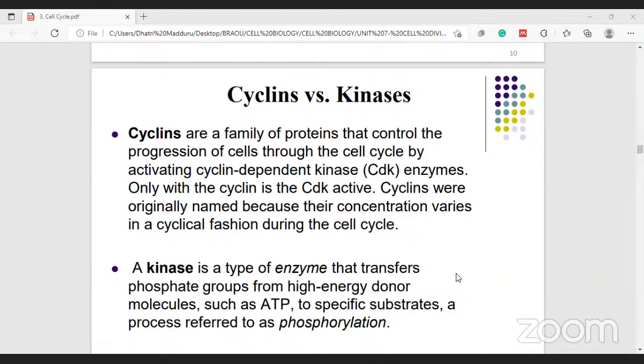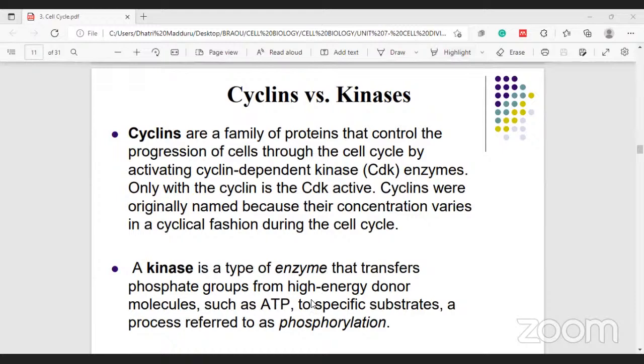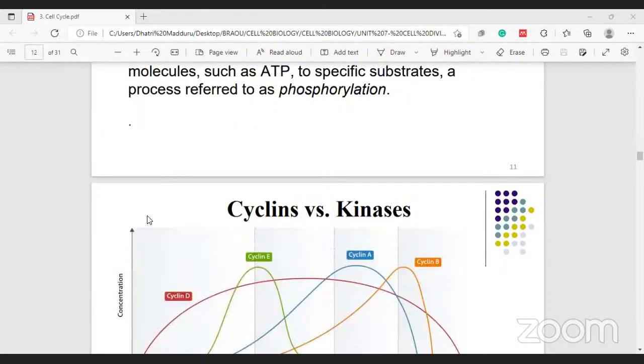When these kinases are dependent on the cyclins, they are called cyclin dependent kinases. Only with the cyclin will the CDKs become active. I told you a kinase is an enzyme that transfers a phosphate group from a high energy donor, that is ATP, and this process is called phosphorylation.